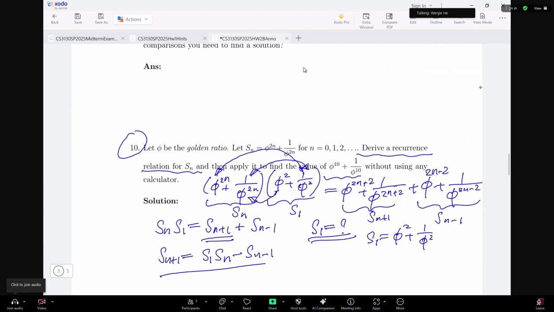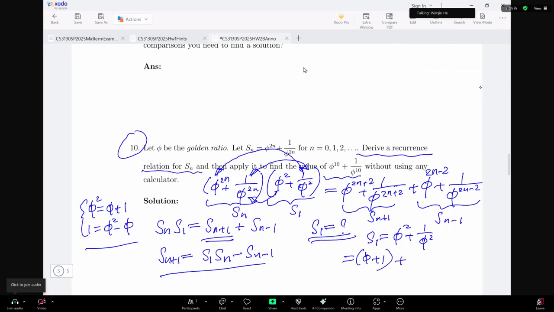For the golden ratio, we have two properties. One property, phi squared equals phi plus 1. Another property, 1 equals phi squared minus phi. Two properties. Then can you replace phi squared by phi plus 1?